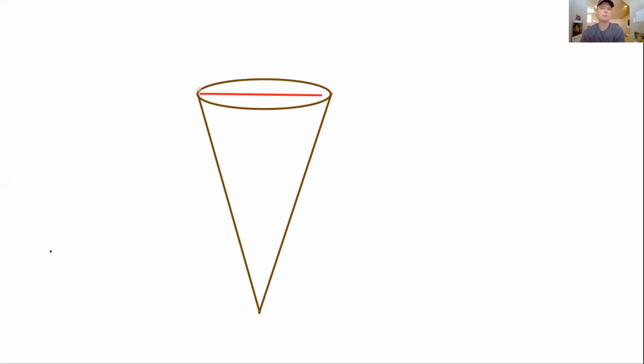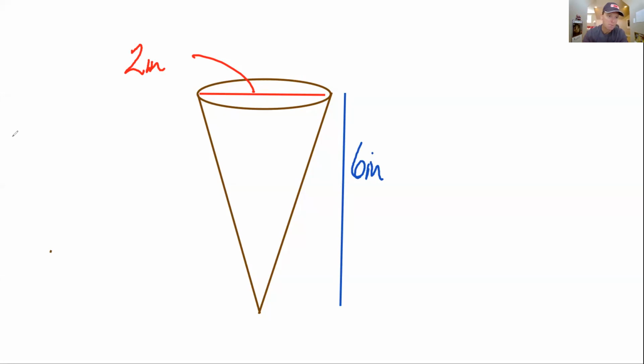Pandemic will not beat us here, we will get this. So this is 2 inches. And then to be really accurate here, I want to make sure that we got this right. This right here is 6 inches.